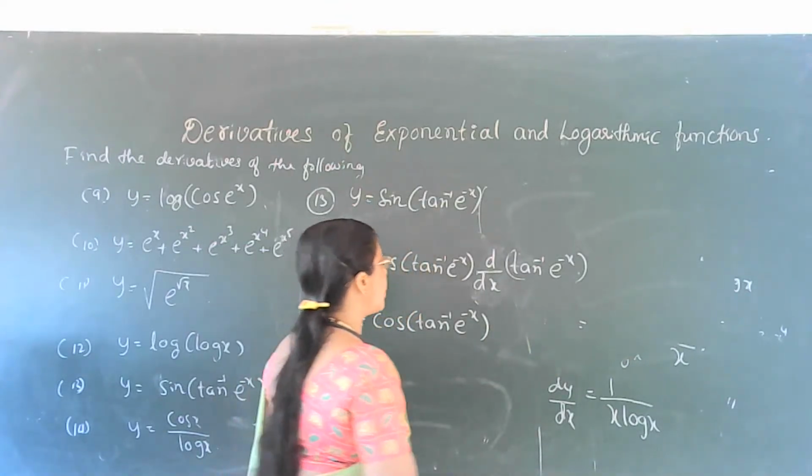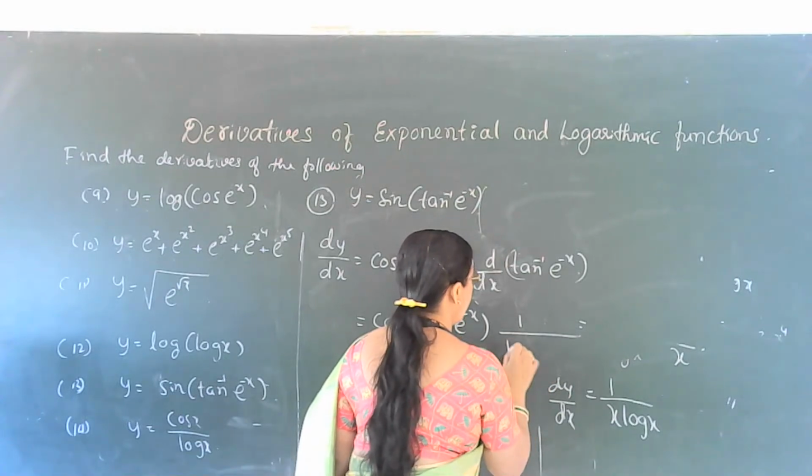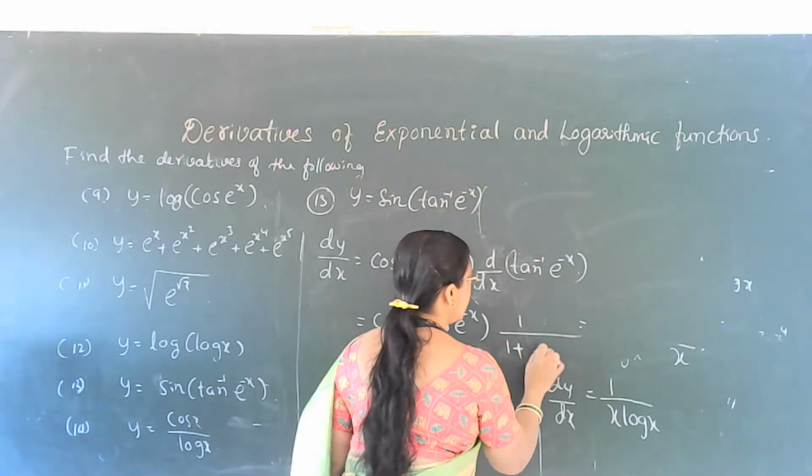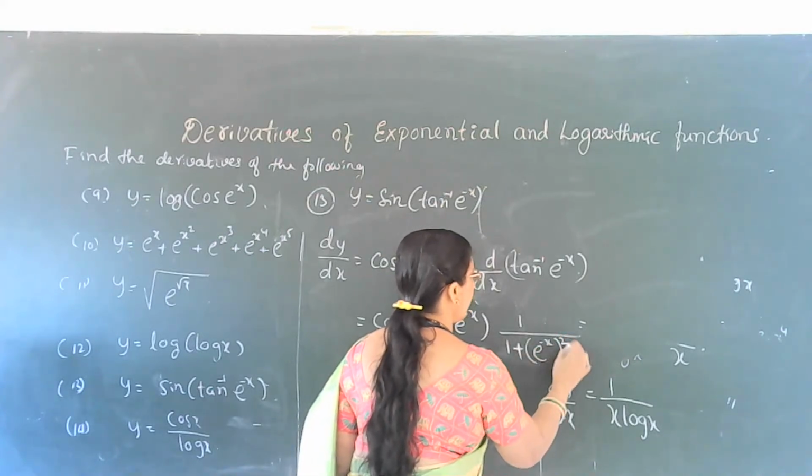Then the derivative of tan inverse x is 1 by 1 plus x square, where x is e to the power minus x, whole square.